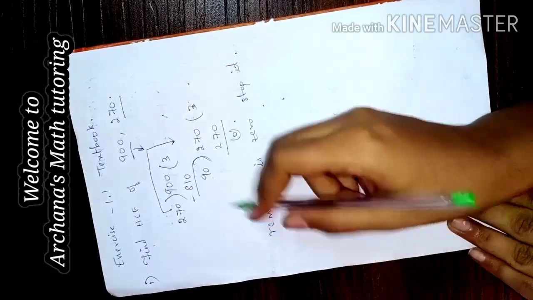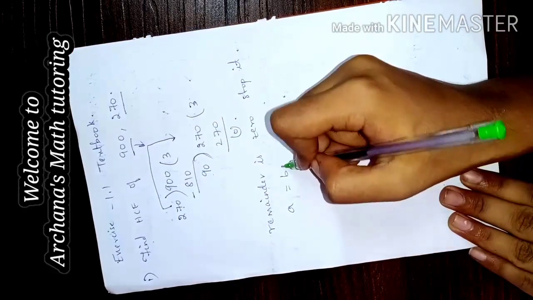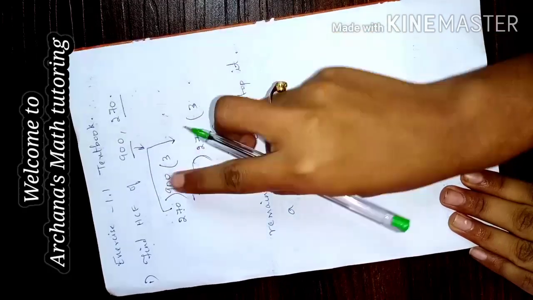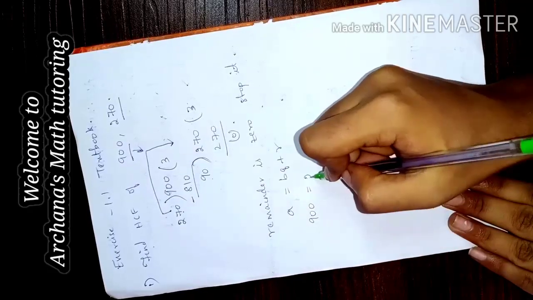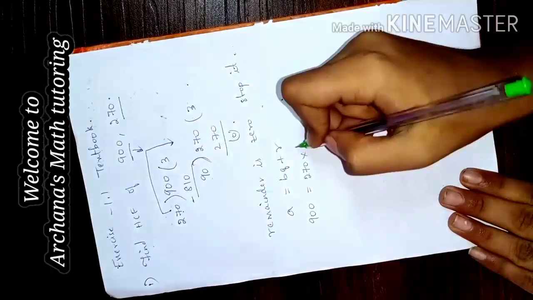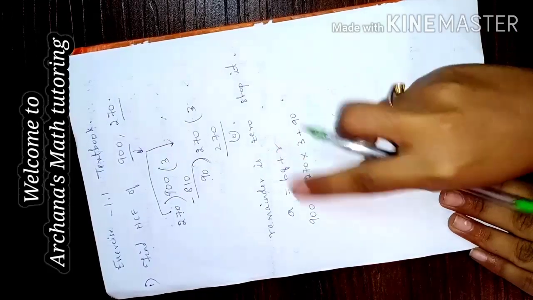Now how we will write this in the form of the basic formula A is equal to BQ plus R. Here when we take A as 900, B will be 270 into 3 plus 90. So we will be getting 900.